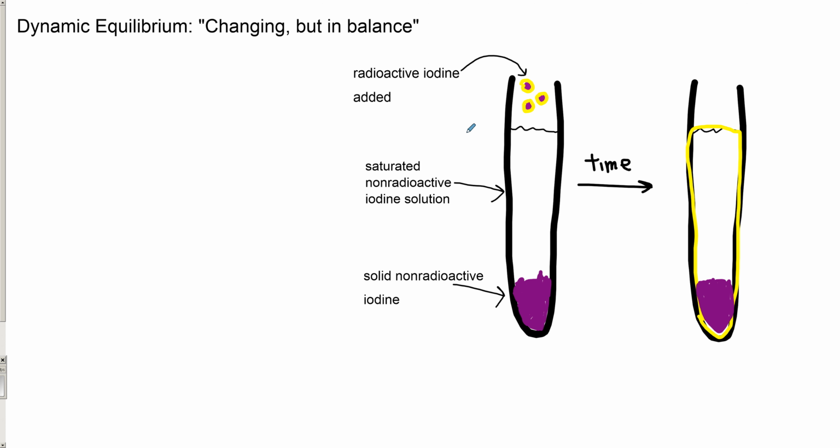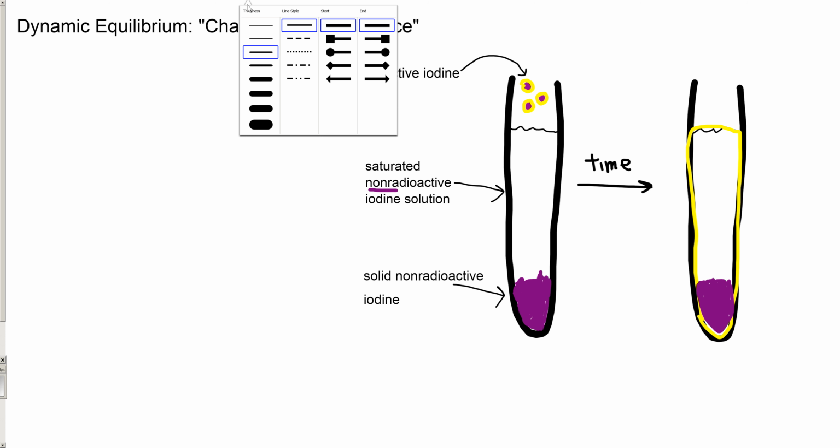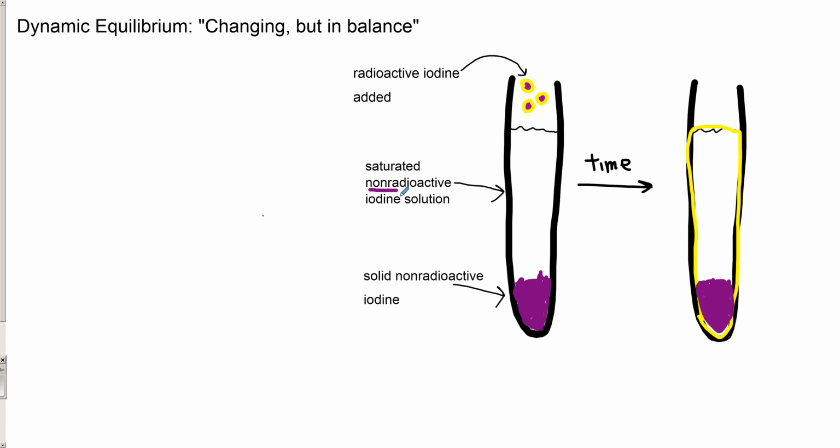What we're going to do is look for where the radioactivity goes. We have a non-radioactive solution of iodine, and we've put so much iodine in there that it is completely saturated. So on the molecular level, this looks like nothing's happening.